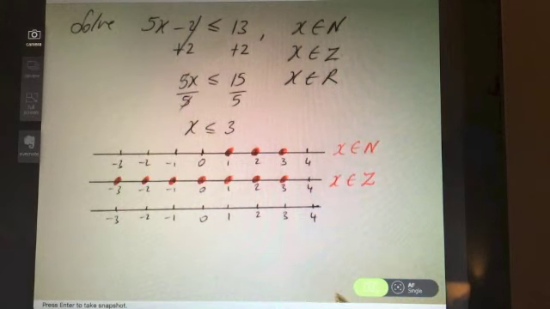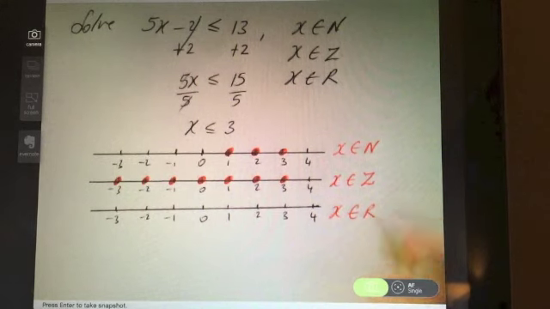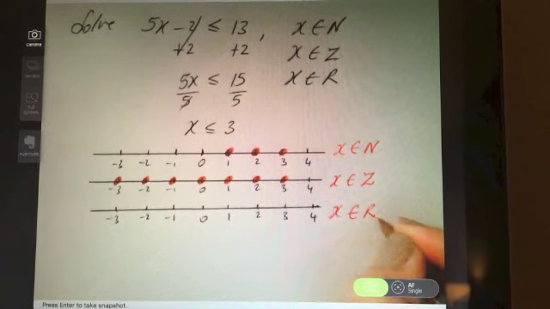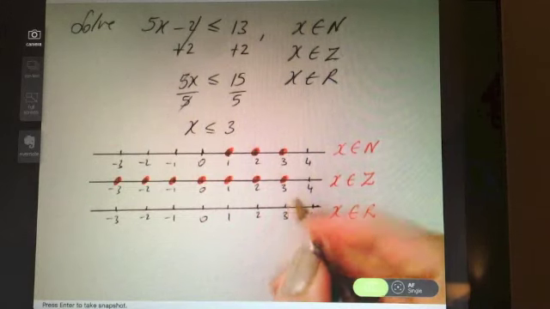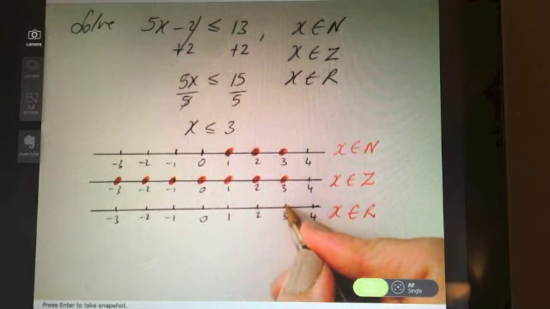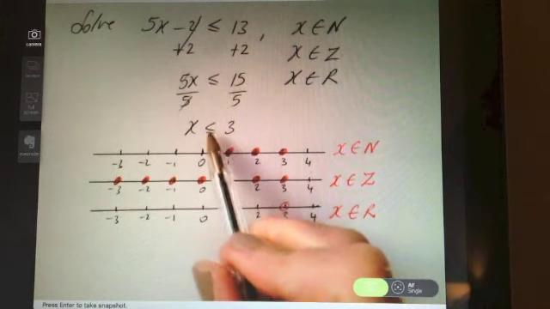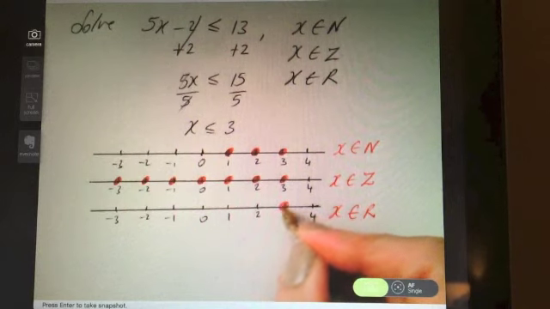And lastly then, if it had x as an element of the real numbers, how would this be different? So straight away, because it's the real numbers, this is where we use a thick black line, or I'm going to use a red line in this situation. So again, I can mark 3. It is less than or equal to 3, so I can colour in 3.